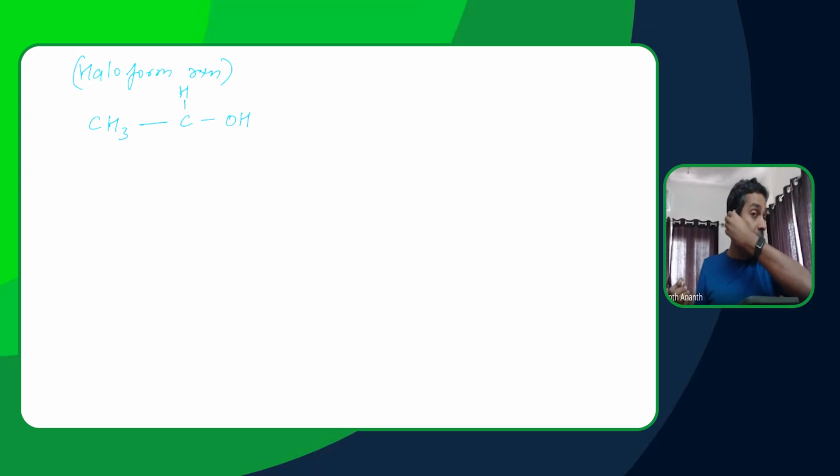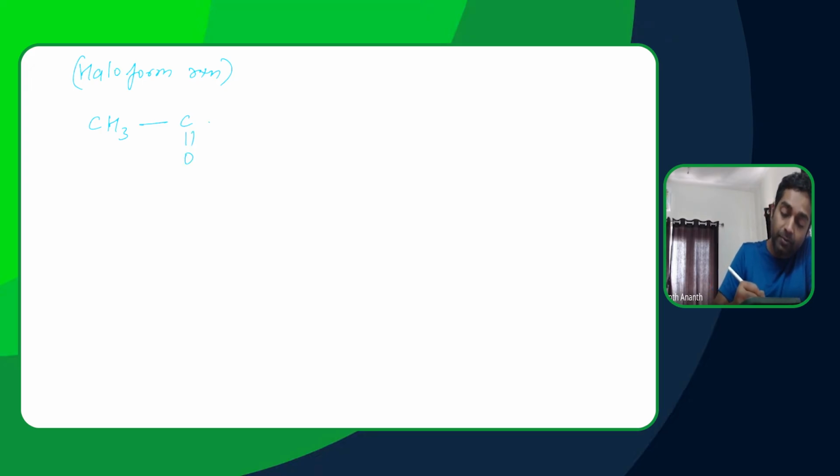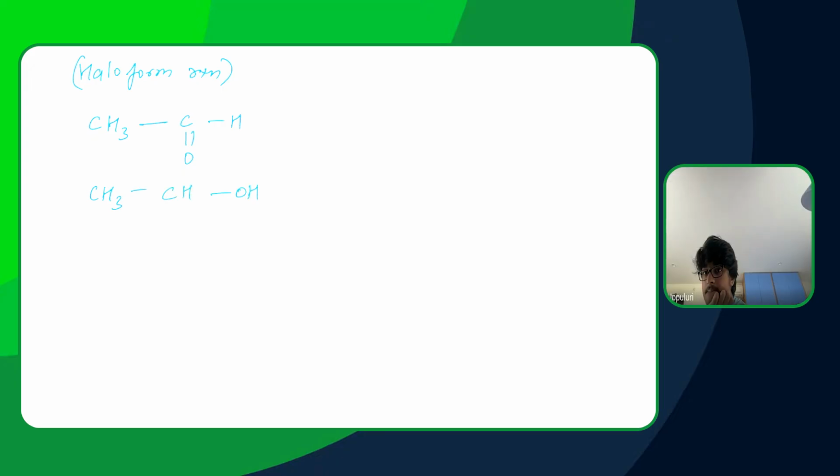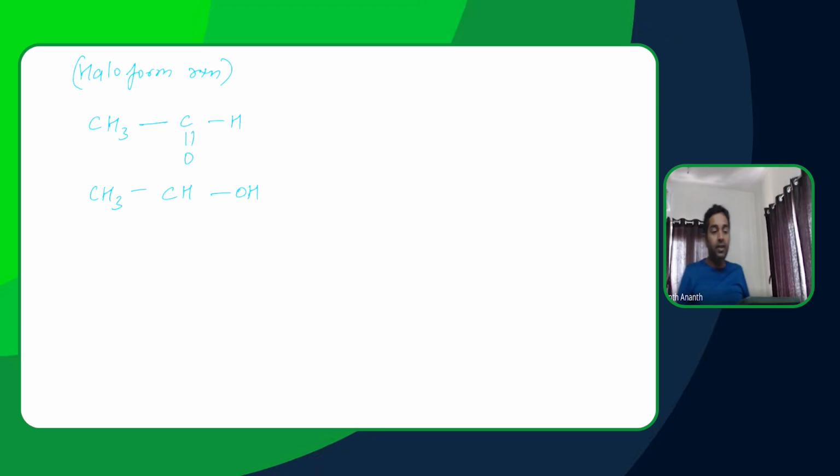So let's say I'm going to be having an alcohol or an aldehyde actually. Any of them will work like this. So I can have an aldehyde of this type, or I can have an alcohol of this type. Now there are variations also allowed in them.